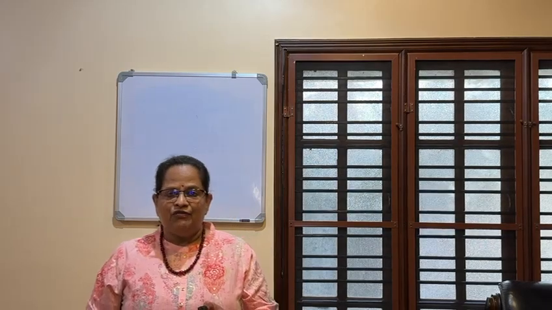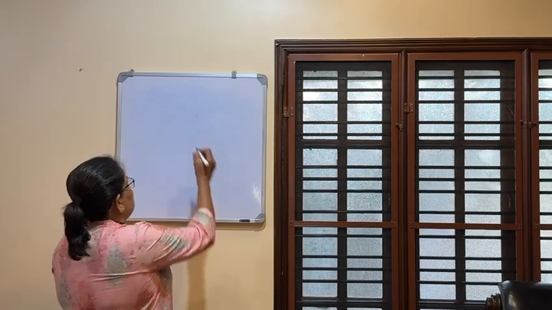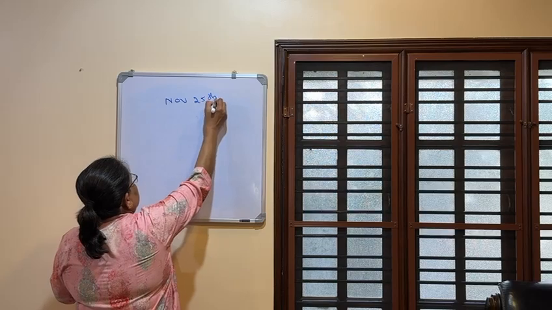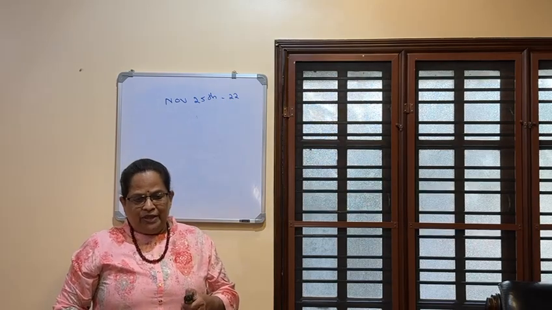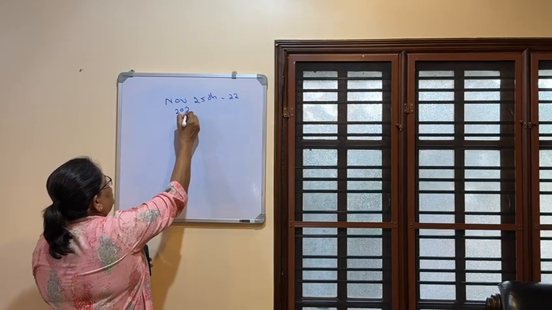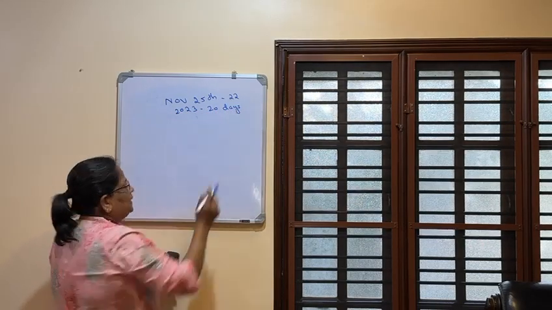So Mr. G, a foreign citizen, left India for the first time in the last 20 years on November 25th, 2022. During the calendar year 2023, he stayed for 20 days.